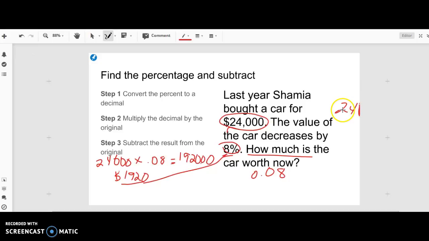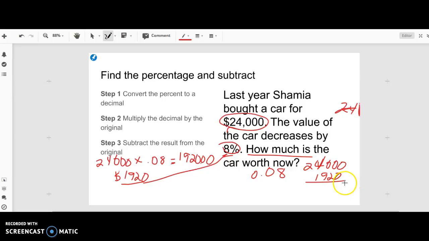Oh, I set my tablet so it won't go off the edge. 24,000 minus $1,920.